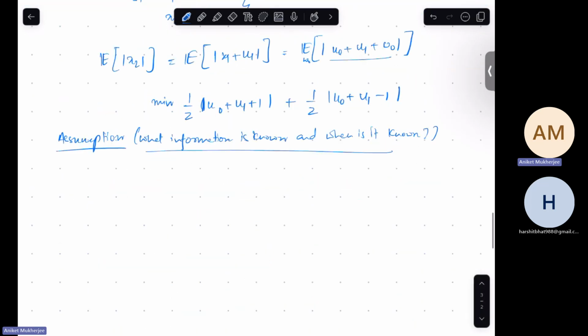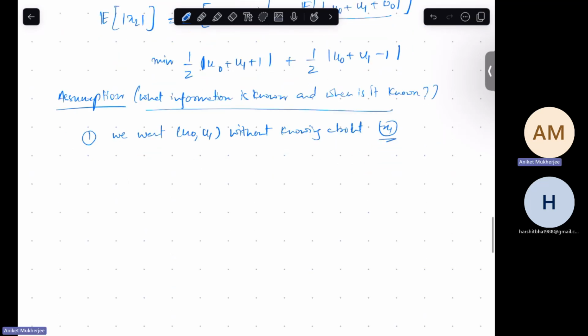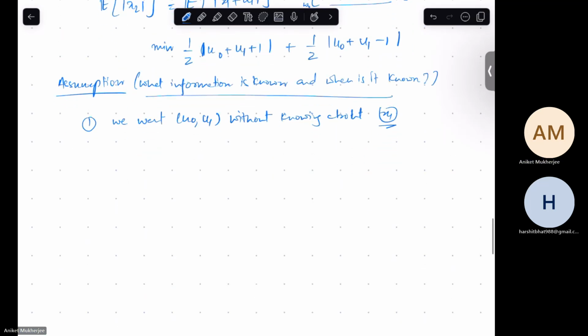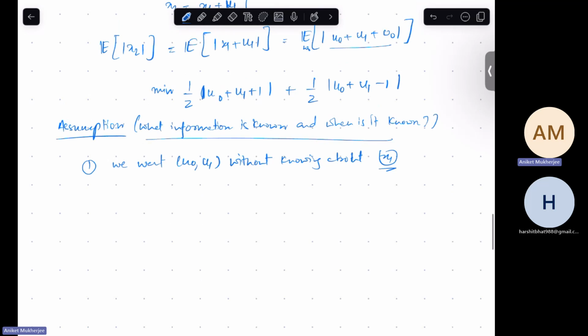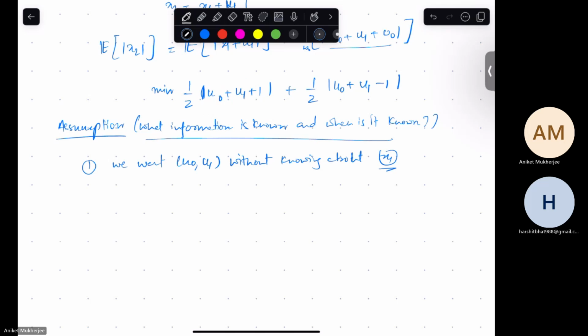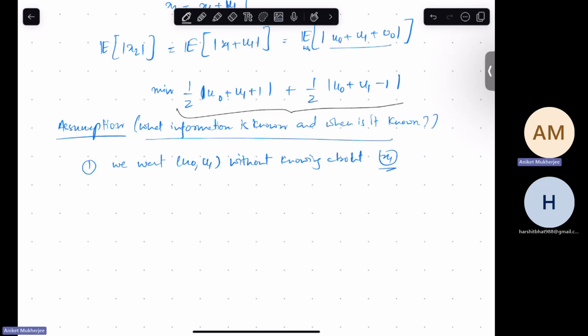So in the first assumption, we want u0, u1 without knowing about x1. So we want to minimize this, right?